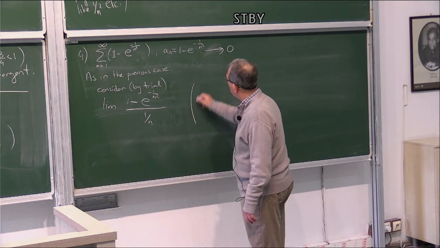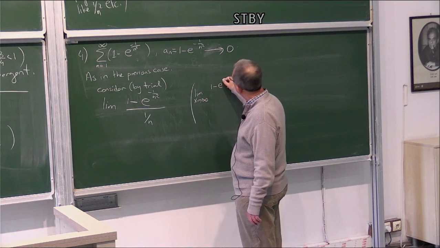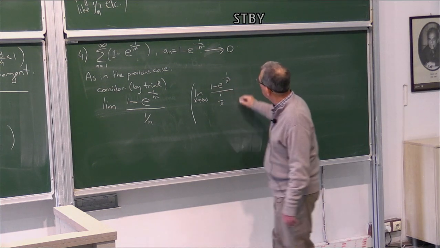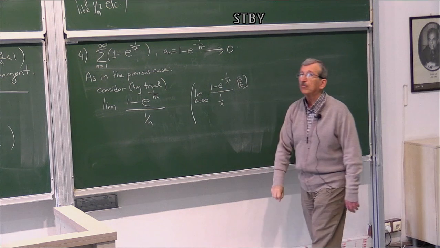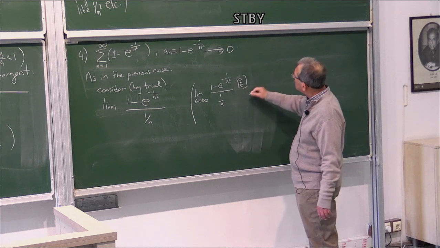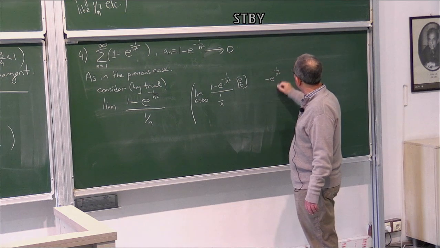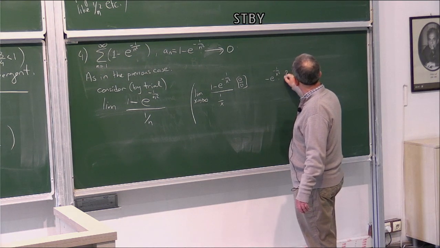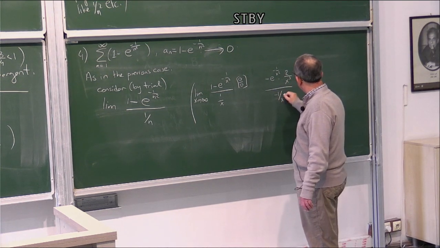Now, the limit x going to infinity, 1 minus e to the minus 1 over x squared divided by 1 over x, which is clearly 0 over 0 form, is a L'Hopital's problem. And we evaluate the derivatives. So this would give us minus e to the minus 1 over x squared times 2 over x cubed divided by the derivative minus 1 over x squared.